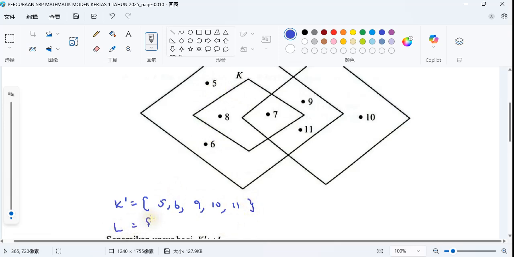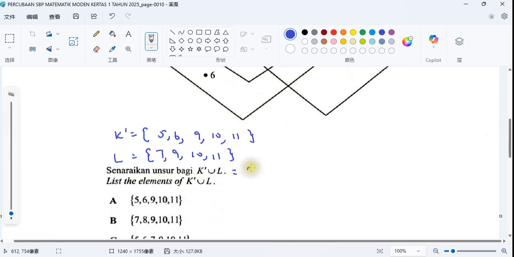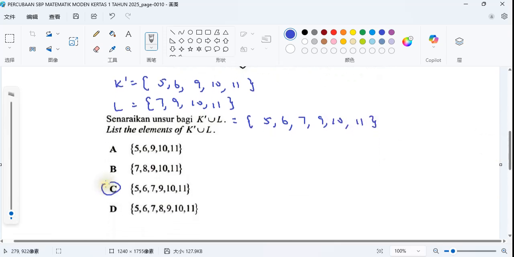And L is this one: 7, 9, 10, 11. So the union of these two will be 5, 6, 7, 9, 10, 11. Okay, 5, 6, 7, 9, 10, 11. C.